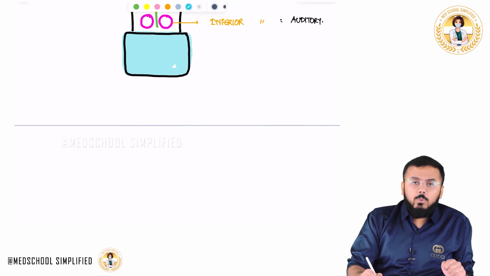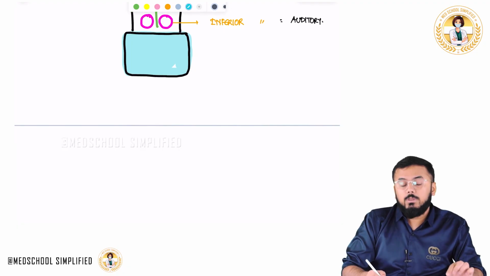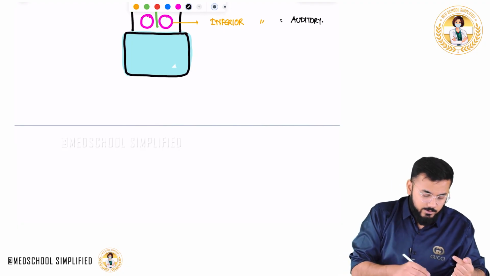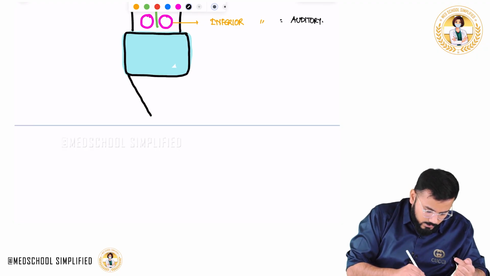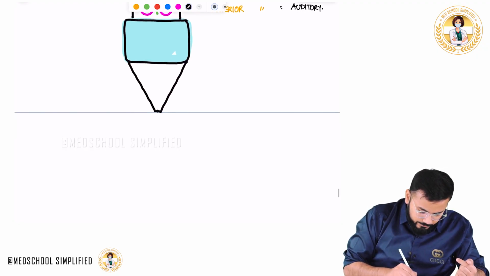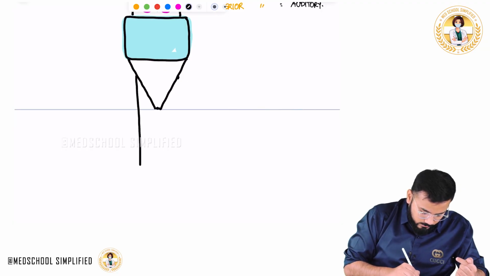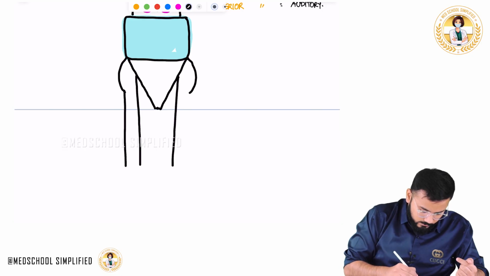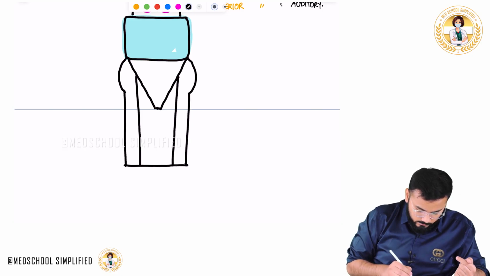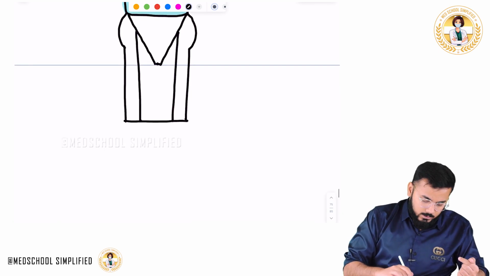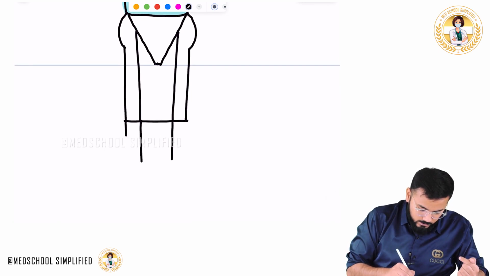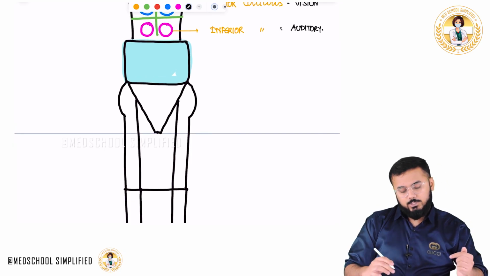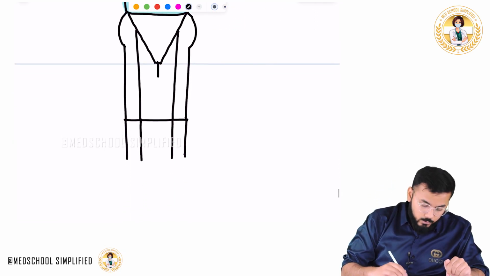Now beneath the pons you have the medulla oblongata, but this time the medulla oblongata is on the posterior side. The posterior side medulla oblongata is different. How is it different? All of you look here now. This is the structure of the medulla oblongata on the posterior side.